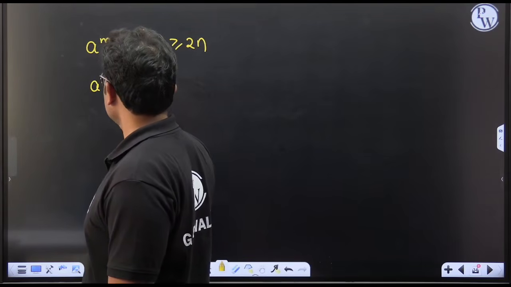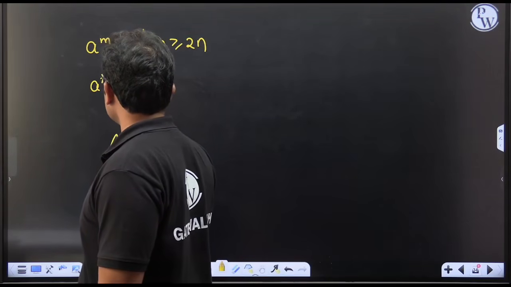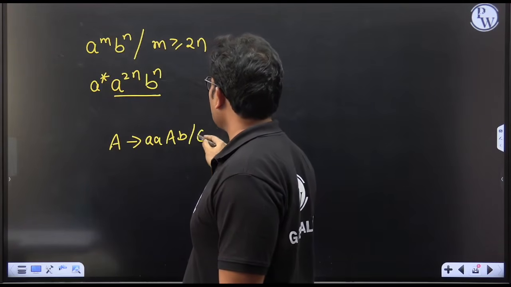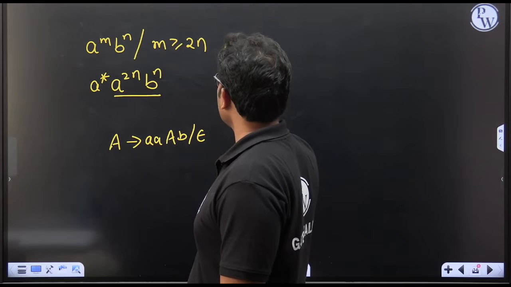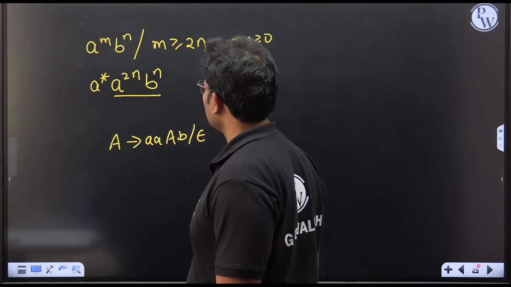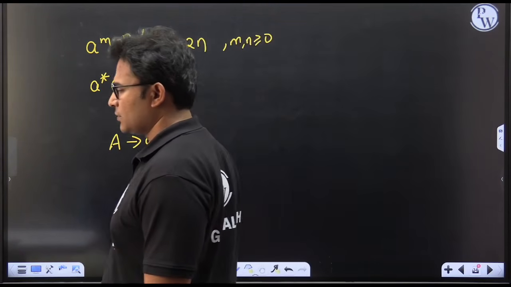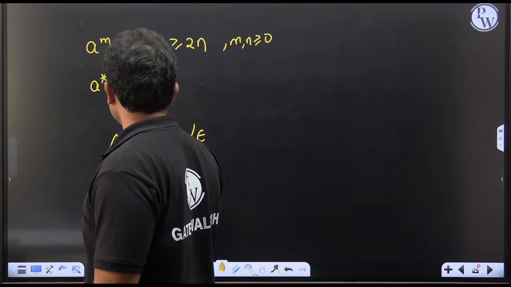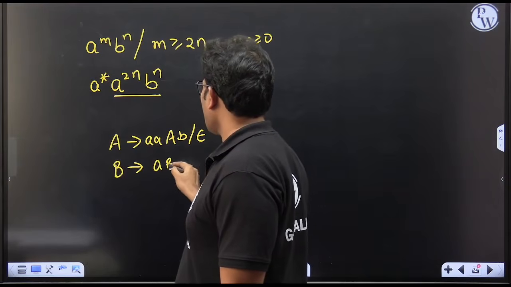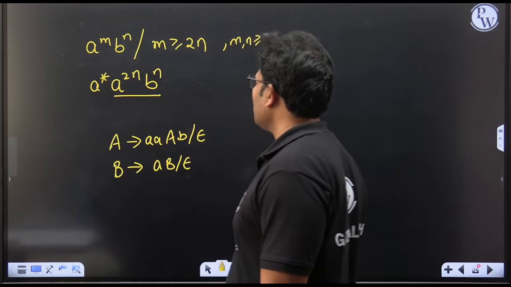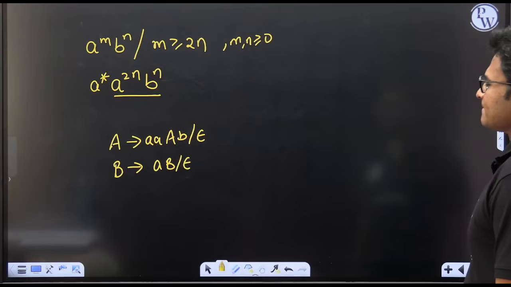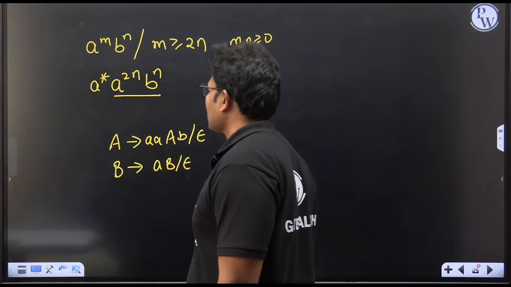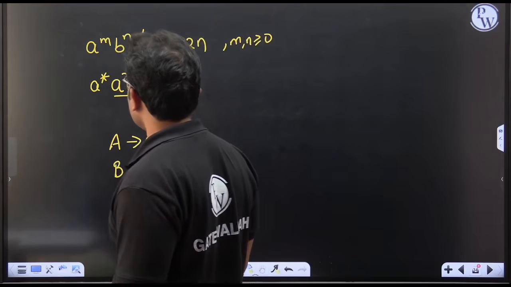Right? First you generate this. A derives aAb or epsilon. Imagine n greater than or equal to 0. And then you generate a star: B derives aB or epsilon.